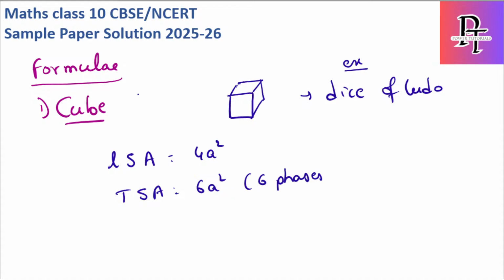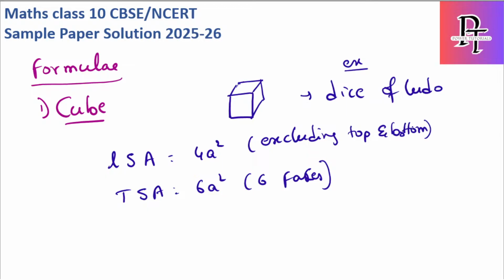We call them faces; faces are nothing but sides here. So this is 1, 2, backside 3, this backside 4, bottom 5, and top 6. This is LSA, where we exclude top and bottom. Total surface area is complete, all the sides.